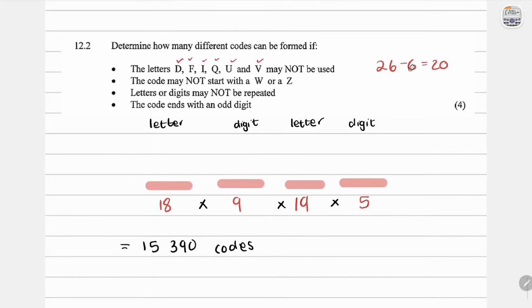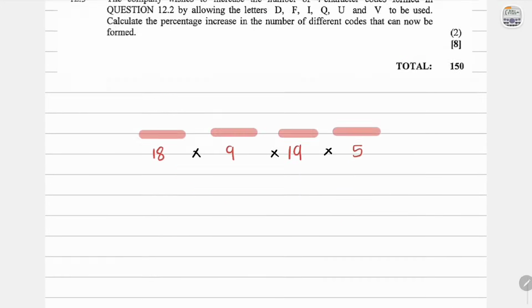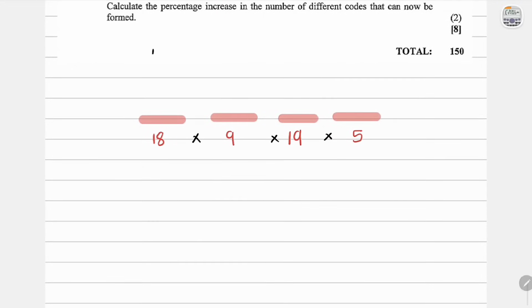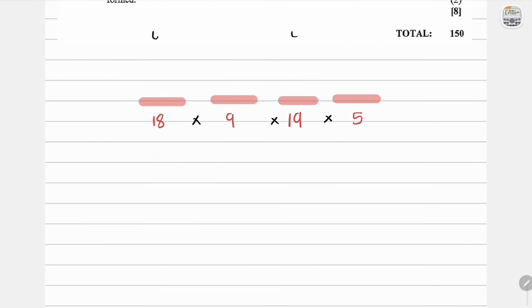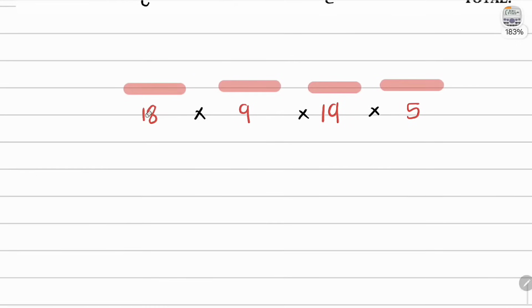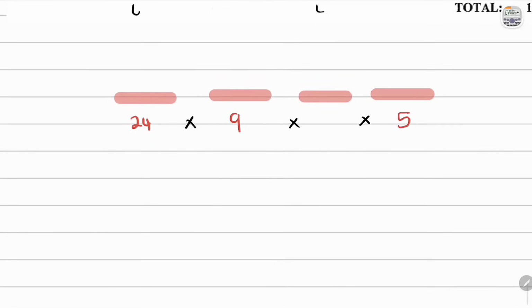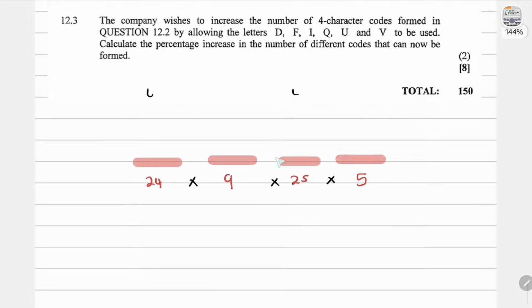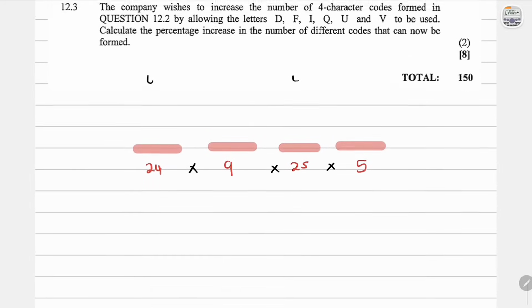Before, we couldn't use these 6 letters. Now we can. So all the letters will increase by 6. That's really just what's going to happen. So this increases by 6, and 18 plus 6 is 24. Then 19 plus 6 would be 25. That would be the new amount of codes we can make.